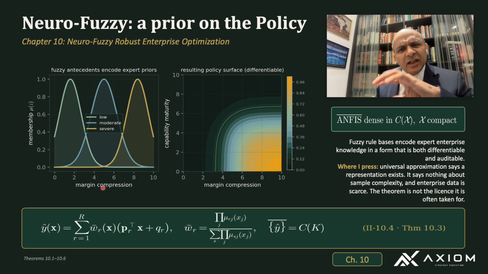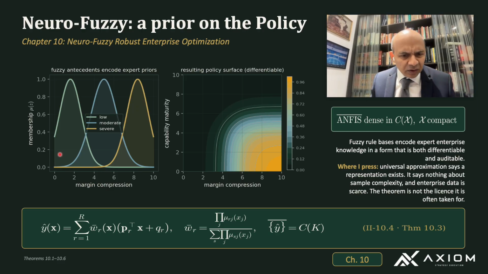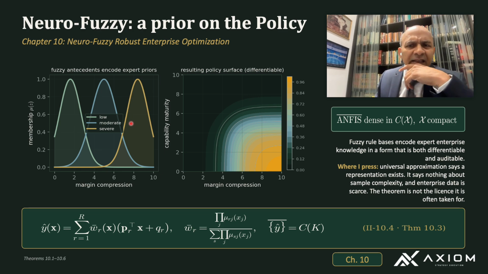Instead of forcing the enterprise into a single crisp category, the model allows partial membership in qualitative states such as low, moderate, and severe. These curves are therefore encoding the expert judgment as smooth numerical priors.